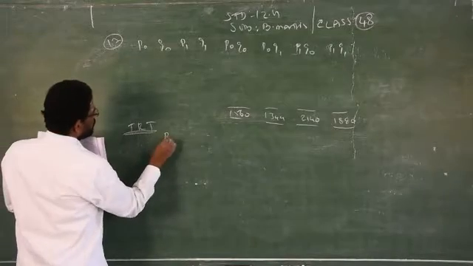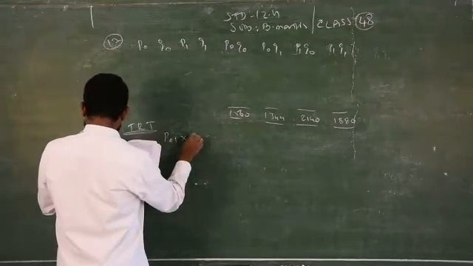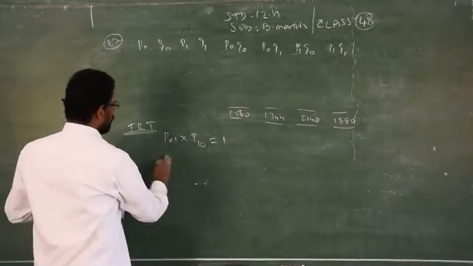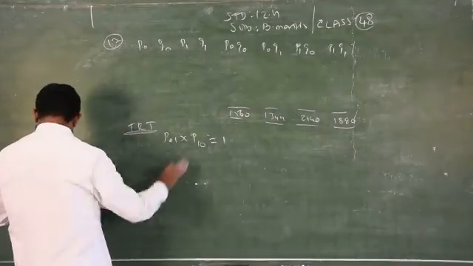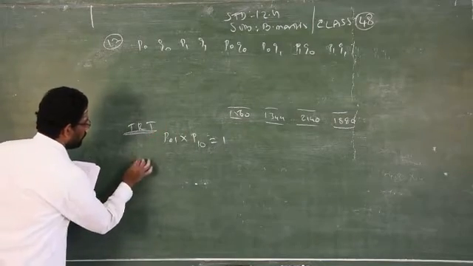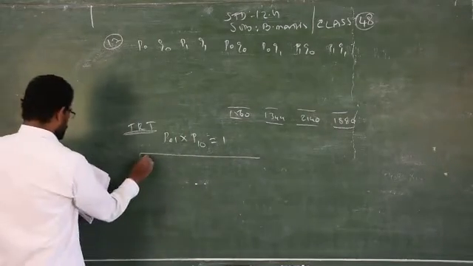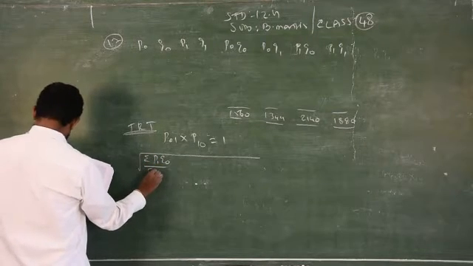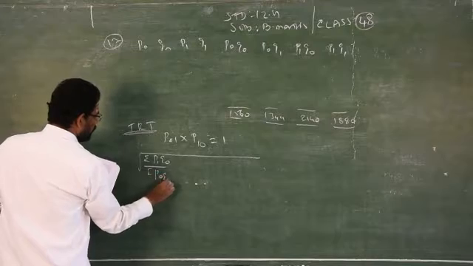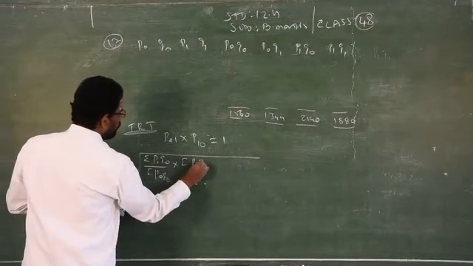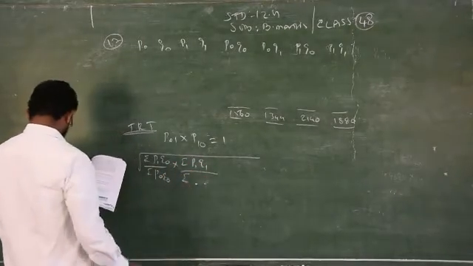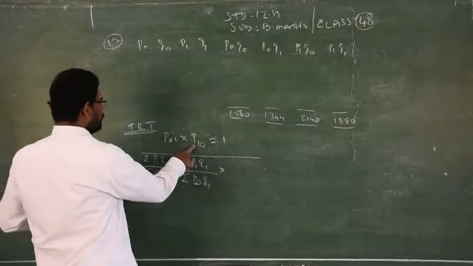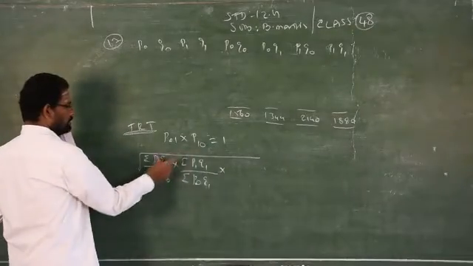P01 into P10 is equal to 1. I gave the formulas for P01 and P10 already. I can write down the formula for P01 and P10: summation P1 Q naught by summation P naught Q naught, into summation P1 Q1 by summation P0 Q1. Then I have to write P10 as the answer.